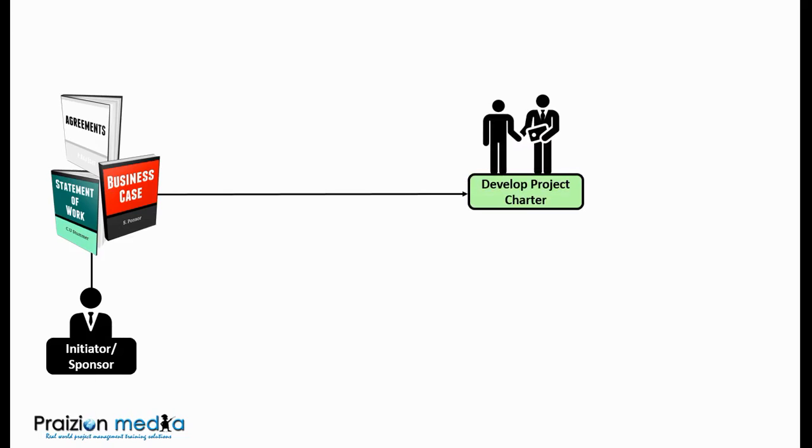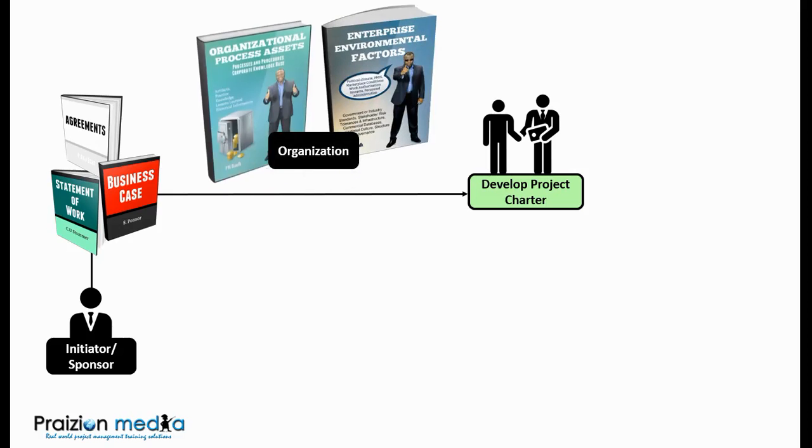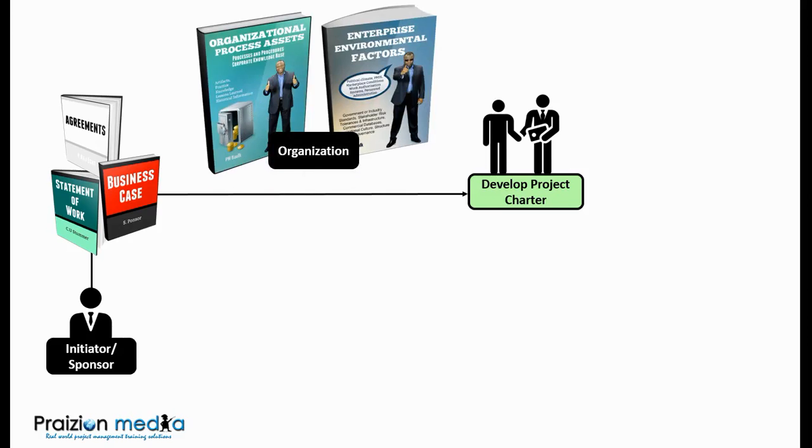Those are inputs to developing the project charter. Now we have from the organization two usual suspects that we see throughout the PMBOK guide. These are enterprise environmental factors and organizational process assets. These come from within the organization.